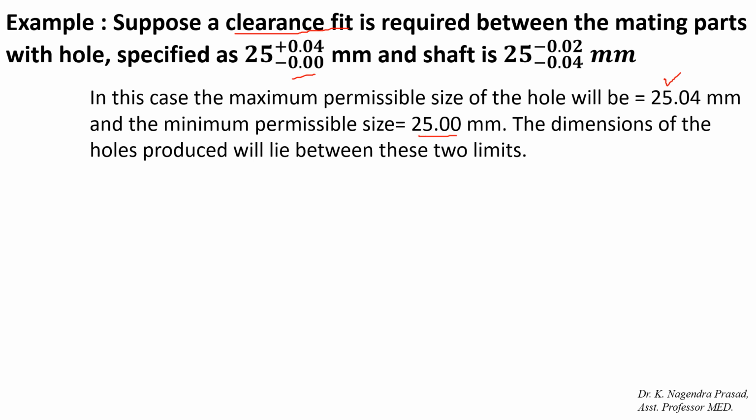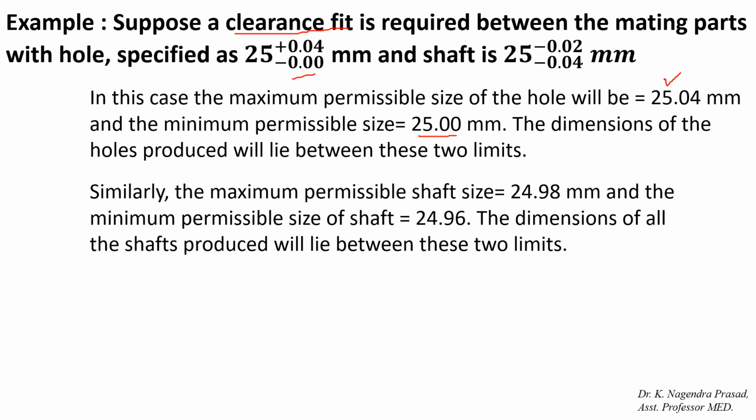So the dimensions of the parts produced will lie between 25.04 and 25 mm. Similarly, the maximum permissible size of the shaft is 25 minus 0.02, which is 24.98 mm, and the minimum permissible size of the shaft is 25 minus 0.04, which is 24.96 mm. So the dimensions of all the shafts produced will lie between these two limits.